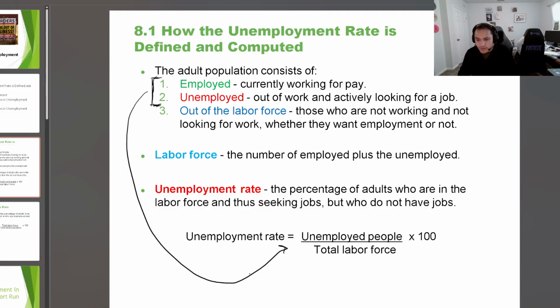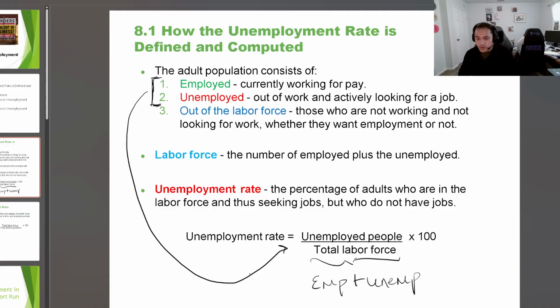They're people who don't have work, but they're actively seeking work at the moment. Those are individuals who are counted in our unemployed section. And we divide that by the total labor force. The total labor force, this portion in the denominator, is actually just employed plus unemployed.